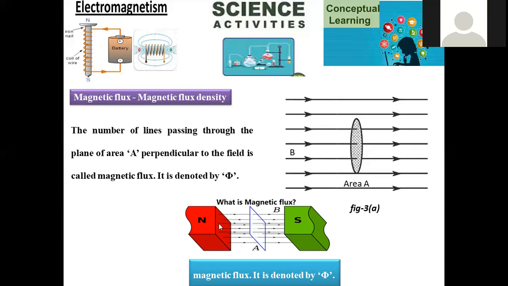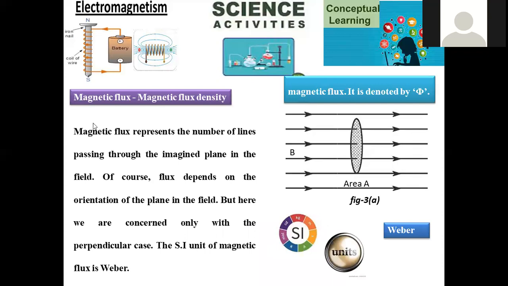These parallel straight lines are moving from north to south. When these are moving, an imaginary hypothetical plane was kept in between, so that within the given time, how many lines are moving through this one is denoted as magnetic flux, and the symbol which denotes this one will be phi. Magnetic flux represents the number of lines passing through the imaginary plane in the given field.